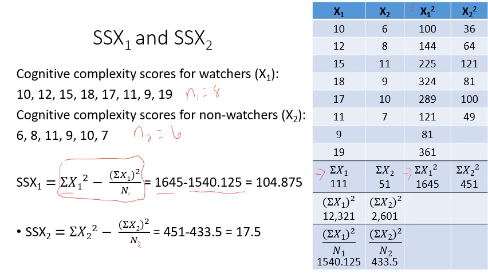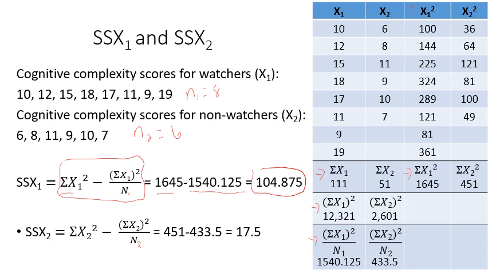First I took the sum of x, which was 111. Then the next step down I squared that, 12,321. And then I divided by n, which was 8, and got 1540.125. So the sum of squares x1 is equal to 1645 minus 1540.125, or 104.875. And sum of squares x2, same way.